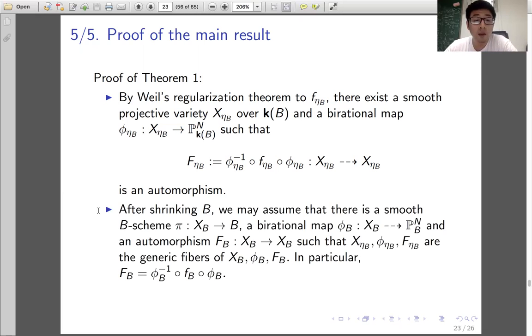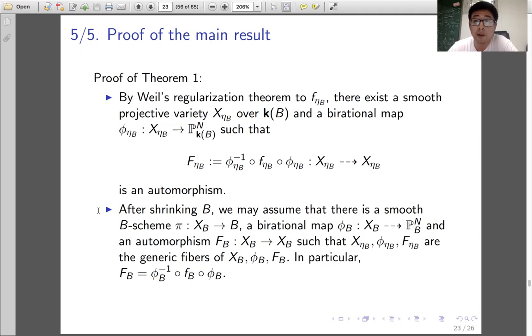So now after shrinking the base B, we may assume that there is a smooth B-scheme pi from X_B to B, a rational map phi_B from X_B to P^n_B over B, and an automorphism F_B on X_B, such that X_{η_B}, phi_{η_B}, F_{η_B} are the generic fibers of X_B, phi_B, F_B.